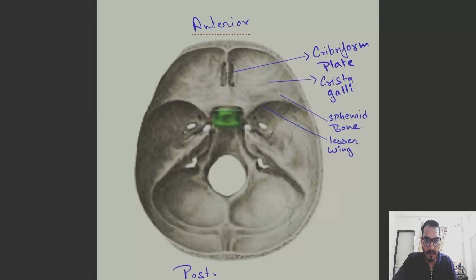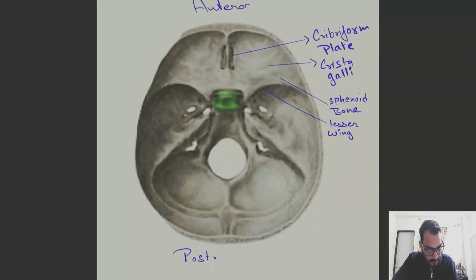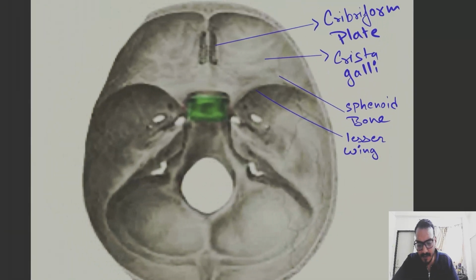Now let's focus on the foramens of the base of skull. First foramen we have already discussed. It is cribriform plate. Then the second foramen which you should know, guys, is this foramen here.